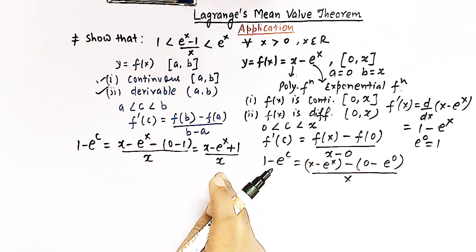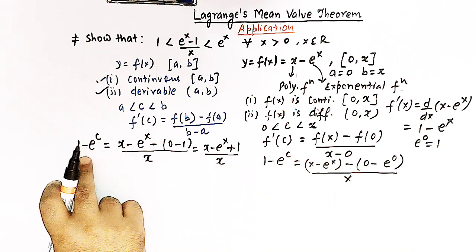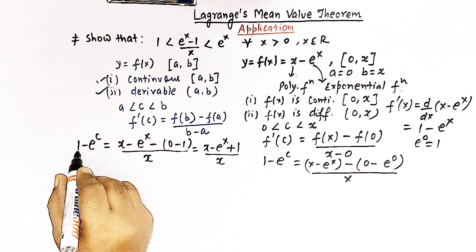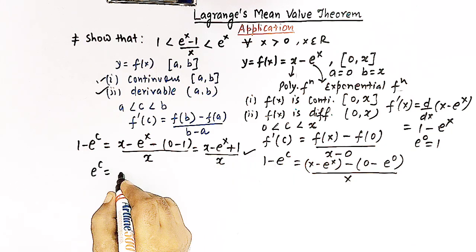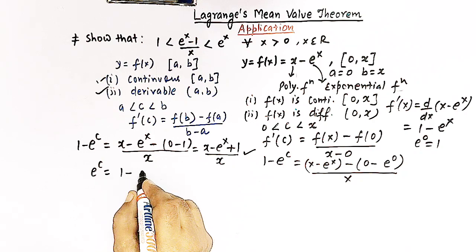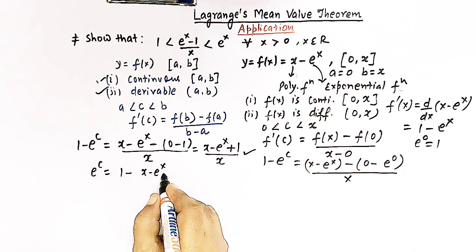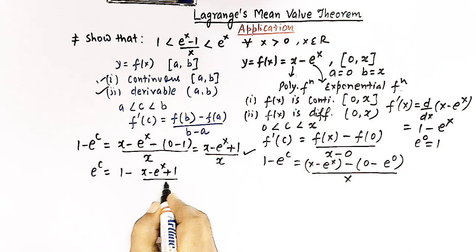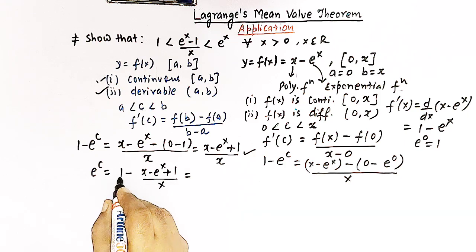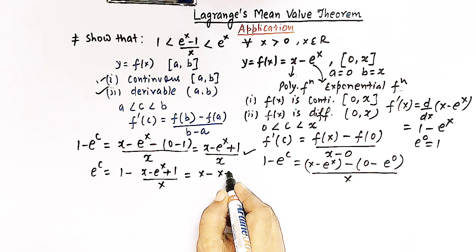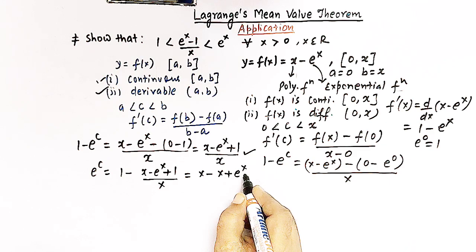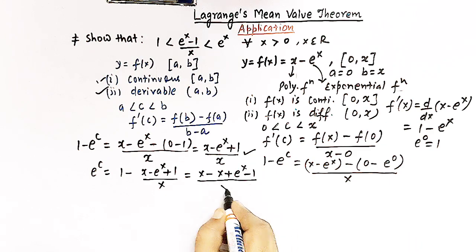Now we can transfer the quantities here. So we can rewrite this equation as e raised to c is equal to 1 minus x minus e raised to x plus 1 over x. So we can now write x minus, here we have positive e raised to x minus 1 over x.